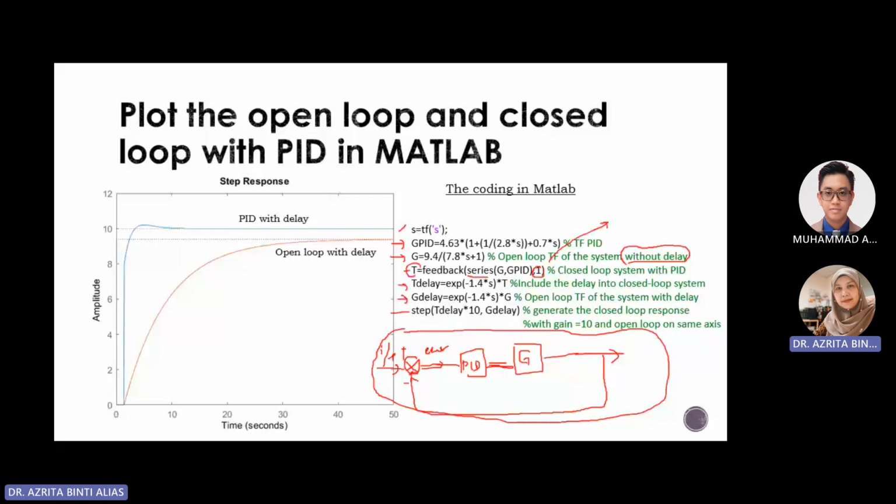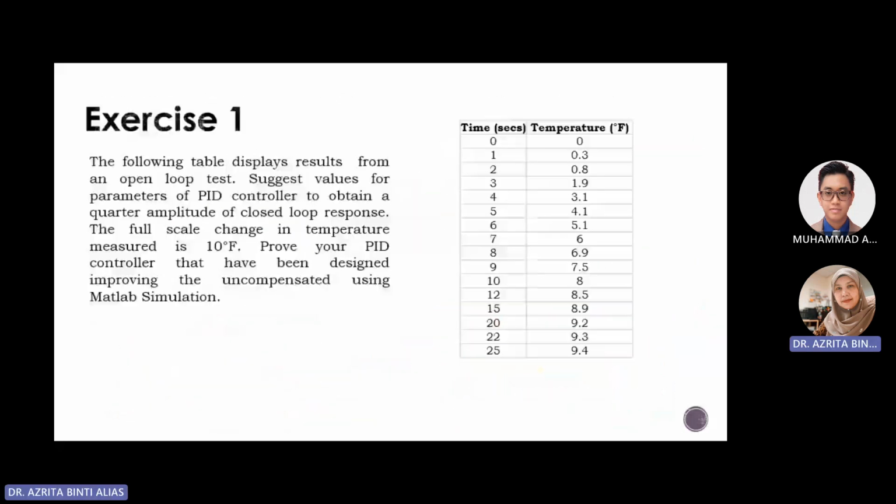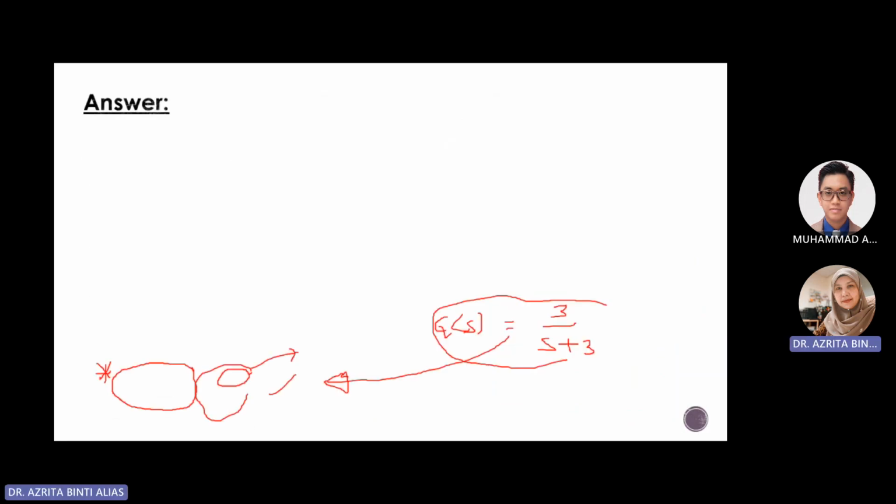And then the last coding is to display the output response. We just give step T delay multiplied with 10. Why do we multiply with 10? Since the final value in this question is 10 degrees Fahrenheit.